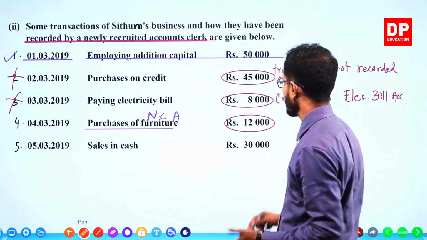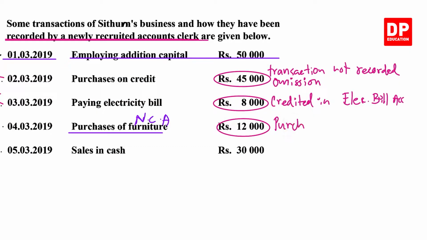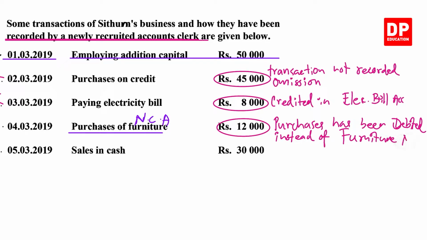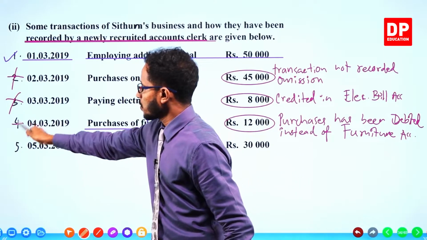We should write purchases account has been debited instead of furniture account. Got it?